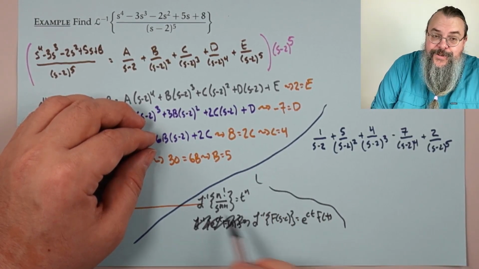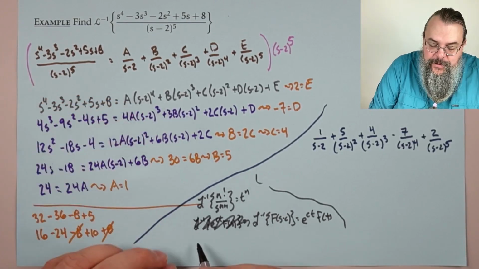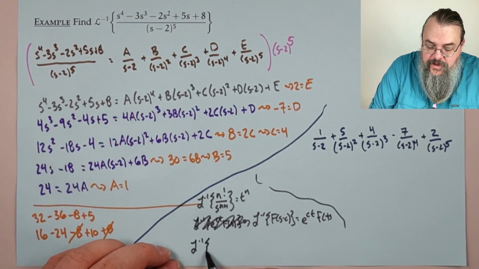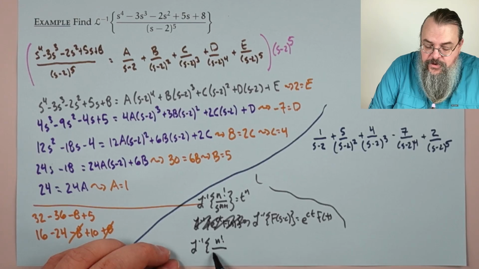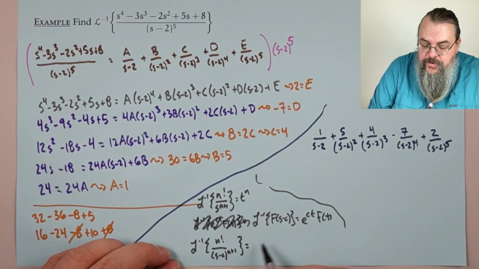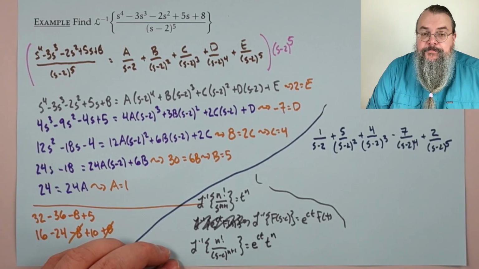When you combine these two together, the inverse Laplace of n factorial over (s minus c) to the power n plus 1 is equal to e to the ct times t to the n.